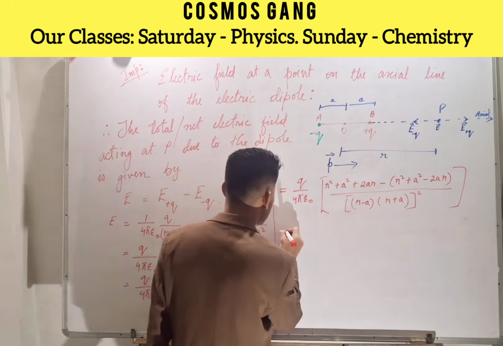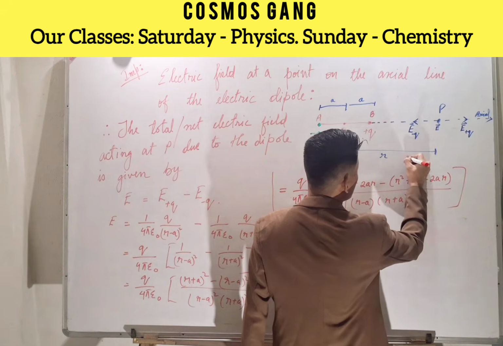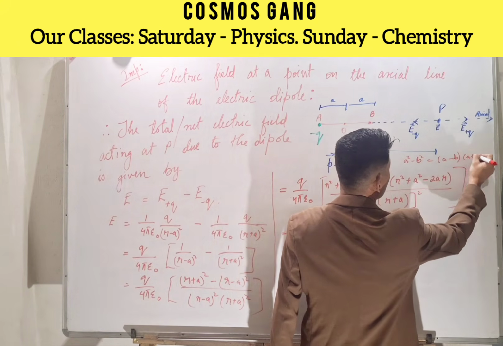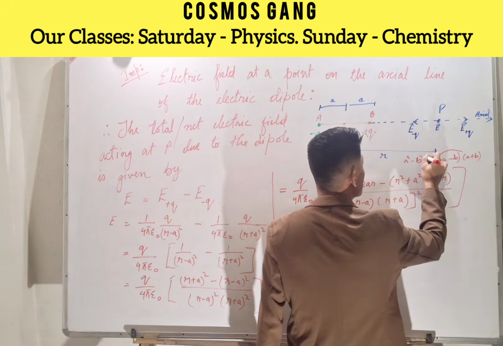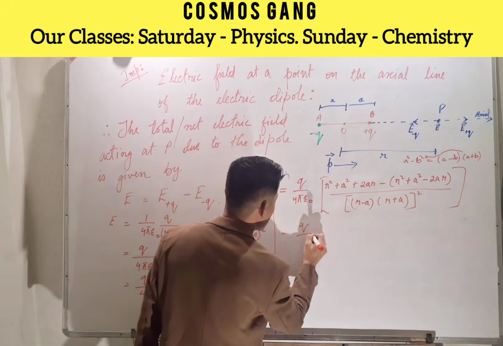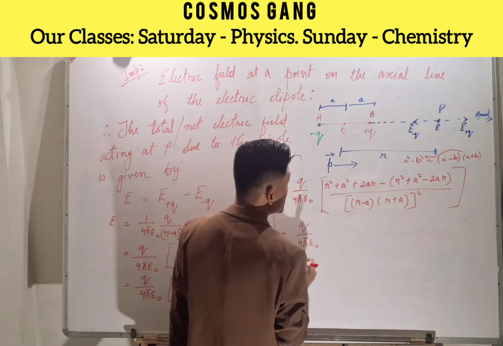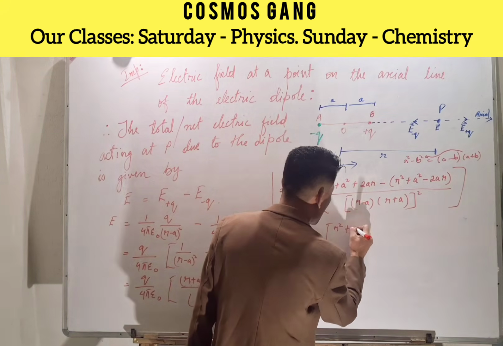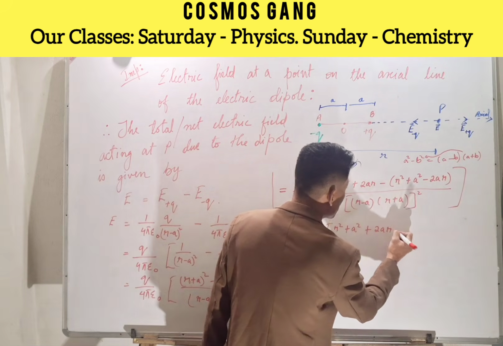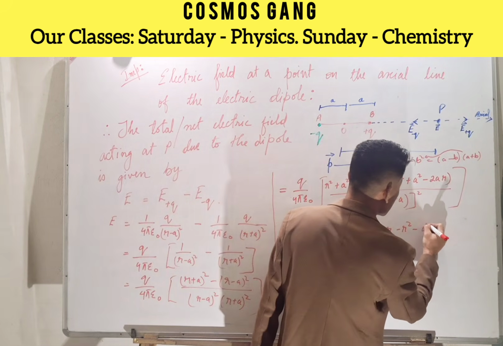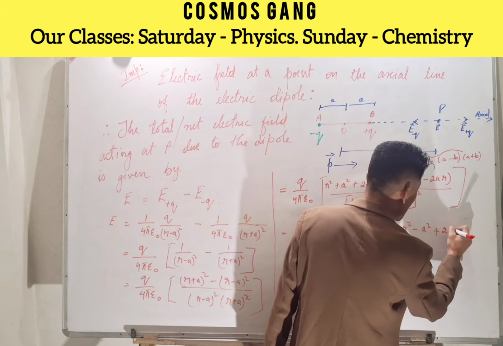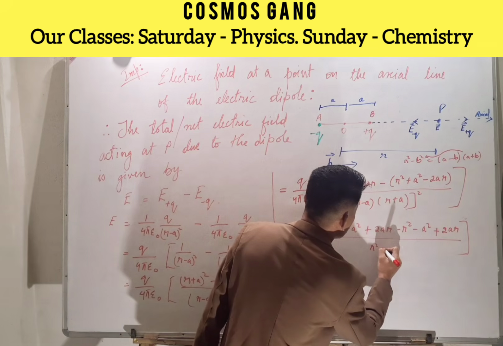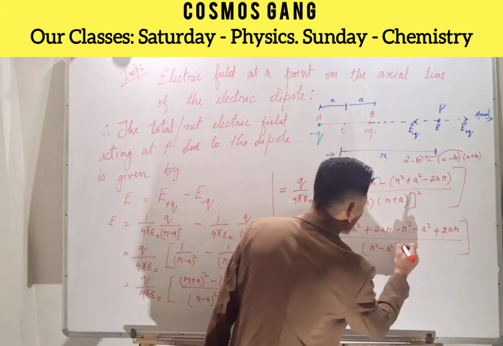This term can be compressed using the formula A square minus B square equals (A minus B)(A plus B). So Q divided by 4 pi epsilon naught, the upper term, I'll open the bracket, R square plus A square plus 2AR minus R square minus A square plus 2AR divided by (R square minus A square) whole square.